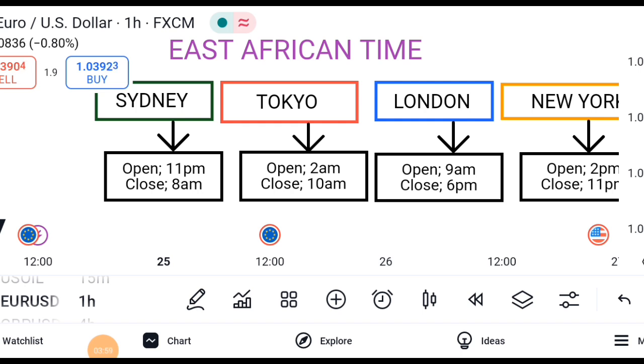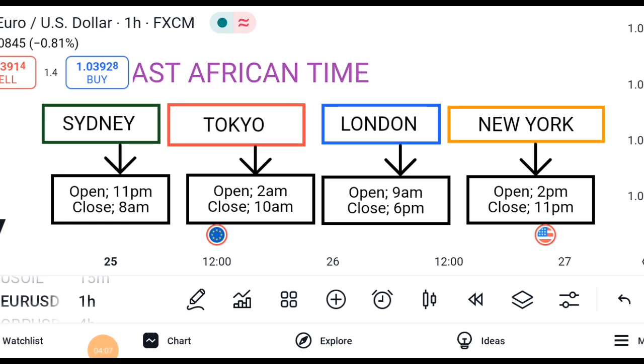Also at the crossover from one session to another, we shall experience high volatility. The main crossover that we normally look at is from London to New York. That is normally from 1 p.m., in the afternoon, up to 5 p.m.